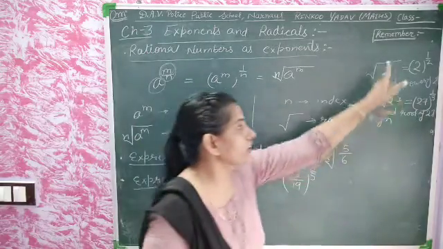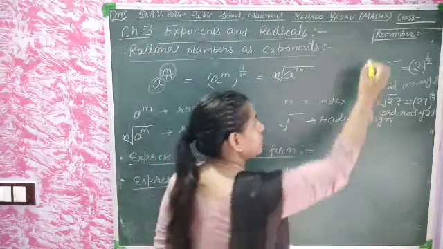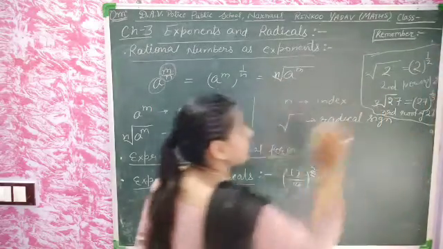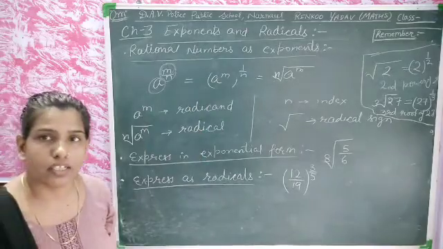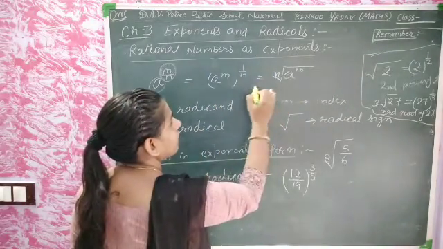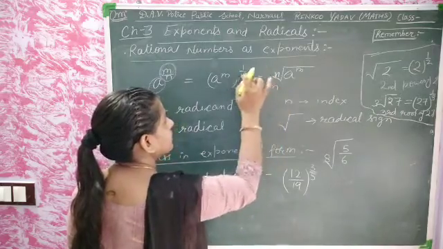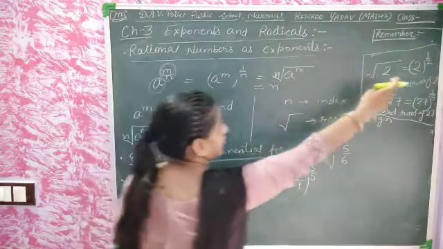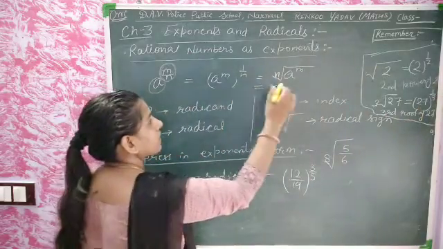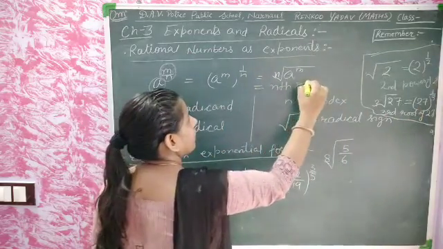Yes, we have done this already, and in the same way there is the nth root of any number. This is the nth, this is the second, this is the third, and we go on like this.